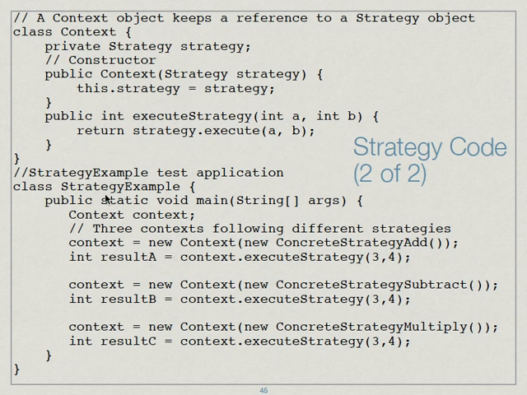And now you can see that in this program, I would need to create this context with my strategy, okay? But this is an actual strategy. So you create your concrete strategy here and pass it to the context. And in the context, you execute the strategy. And this will do the addition, subtraction, and multiplication.